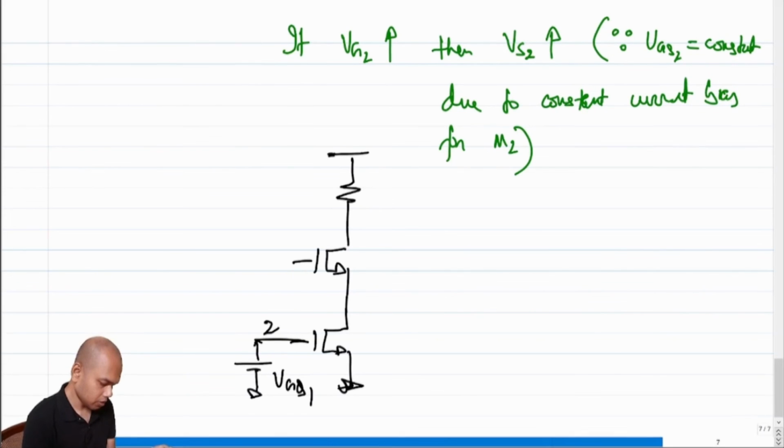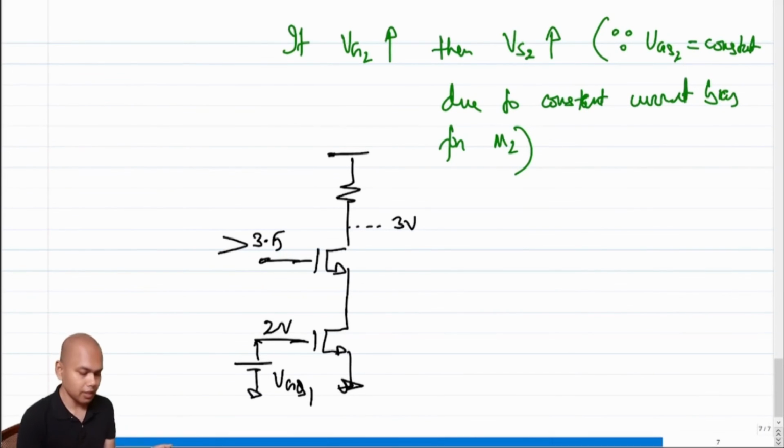So this is 2 volt, right? So this has to be greater than 3 volt. Let's pick another value, like 3.5 volt. And this was supposed to be 3 volt, right?